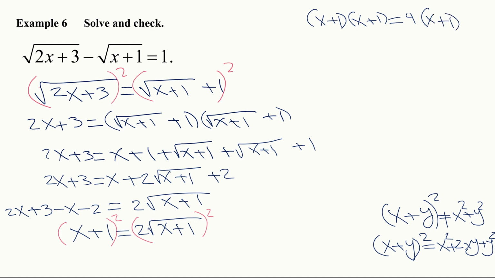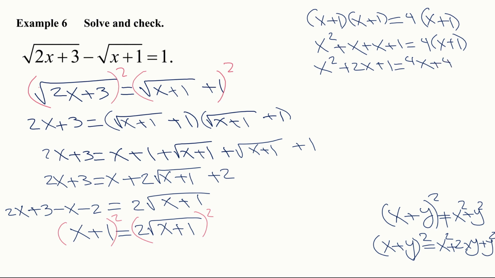So on the left side, we go ahead and distribute the x, then we distribute the 1. When you distribute the x, you get x squared plus x. When you distribute the 1, you get x plus 1. So we have x squared plus 2x plus 1 equals 4x plus 4, right?